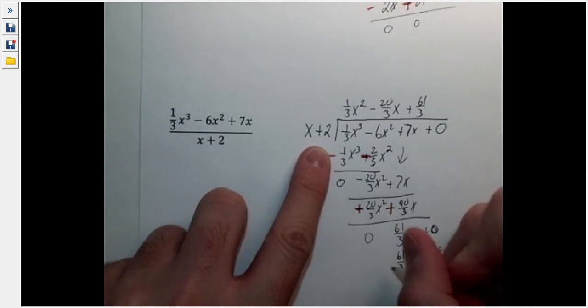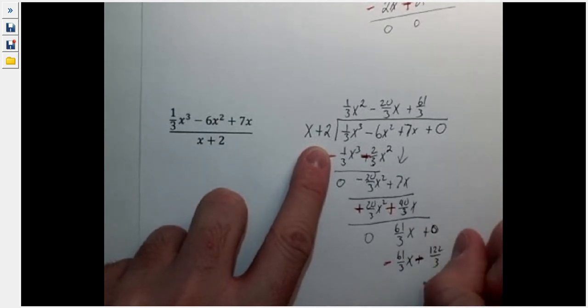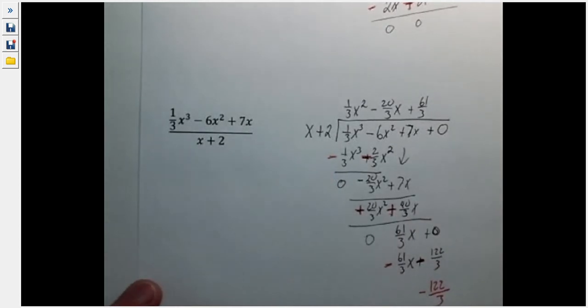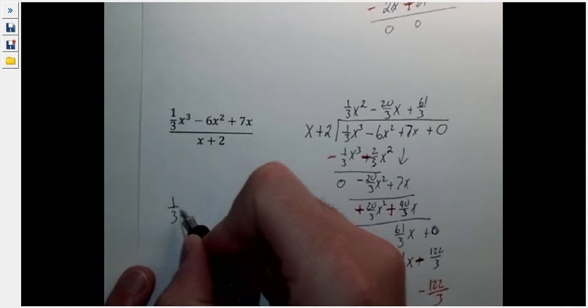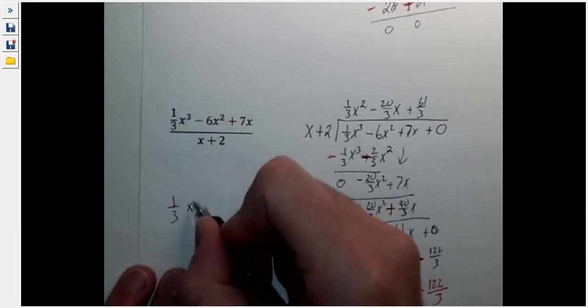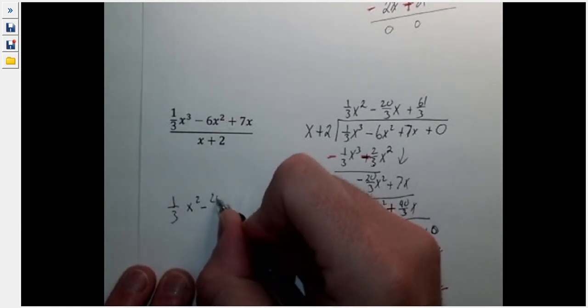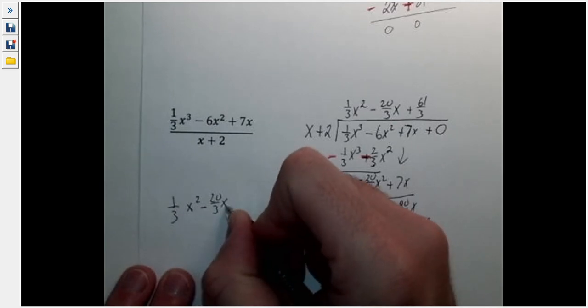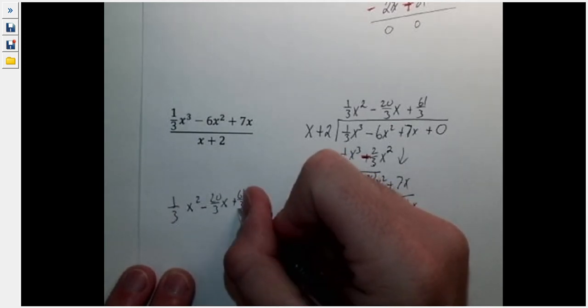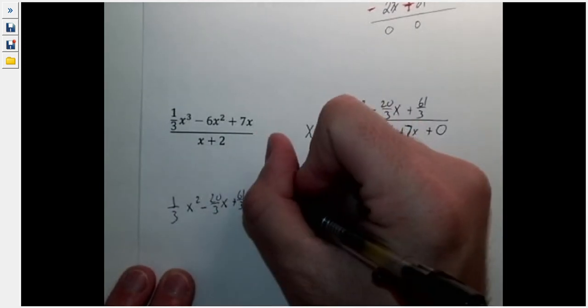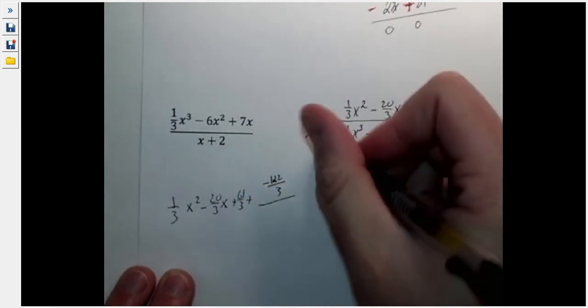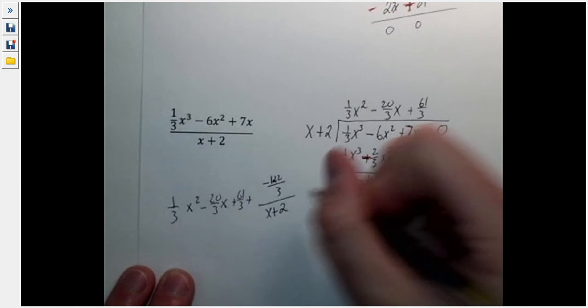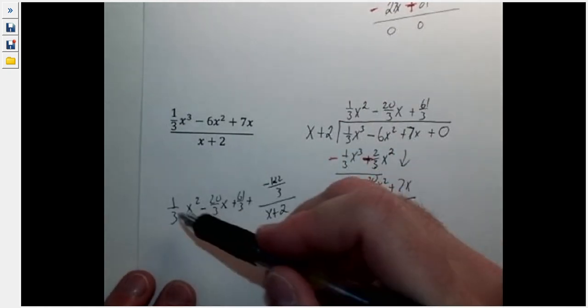And then you subtract, which changes the signs, which leaves you with negative 122 over 3 as our remainder. Which means now our answer is going to be 1/3 x squared minus 20 over 3x plus 61 over 3 plus my remainder, which is negative 122 over 3 divided by my quotient. And that's our answer.